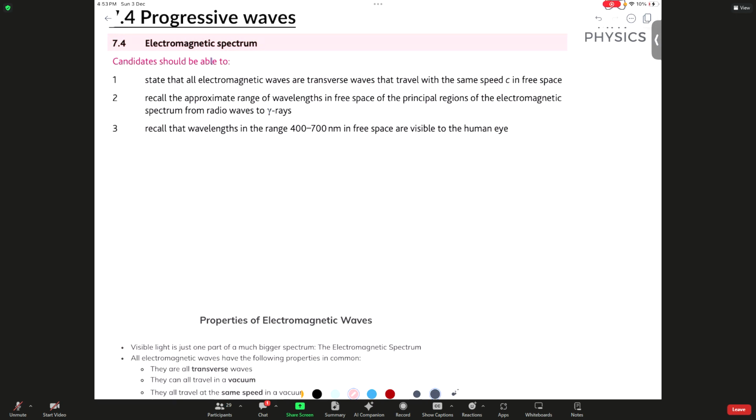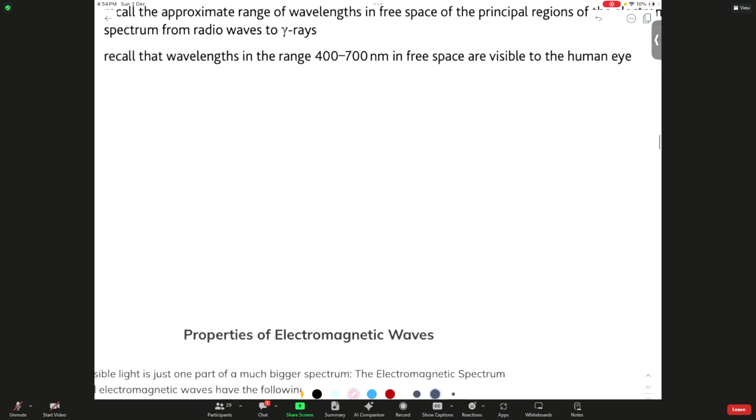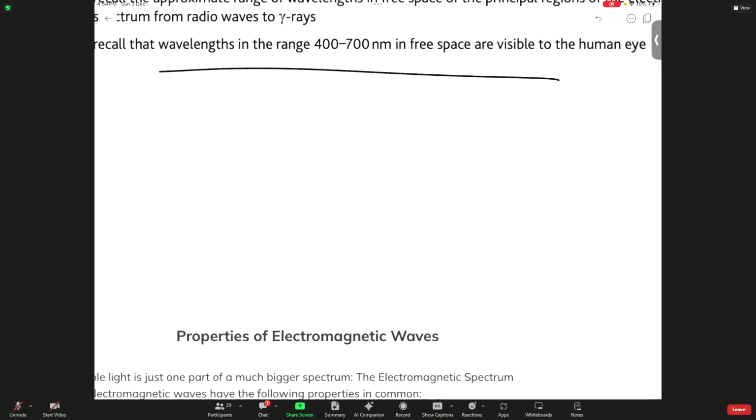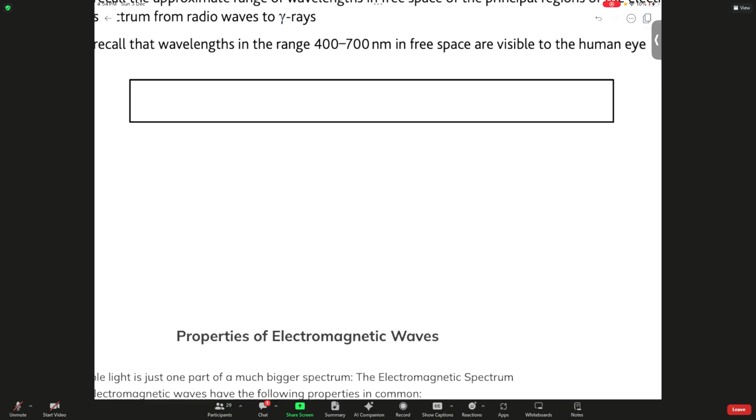Recall the approximate range of wavelengths in free space of the principal regions of the electromagnetic spectrum from radio waves to gamma rays. Recall the wavelength range for visible light in the human eye. Let me see if you remember this. I normally teach it in all levels because I don't want to spend time on this in A levels, but still let me ask. Can you tell me the spectrum, the sequence?